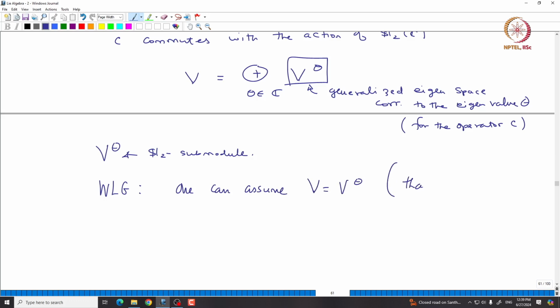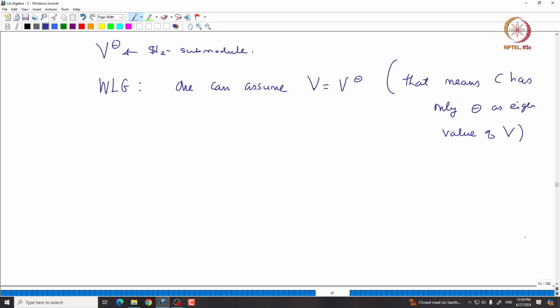That means C has only theta as eigenvalue on capital V. This assumption is reasonable because we already decomposed V into a direct sum of the submodules. So, we can restrict to this submodule.